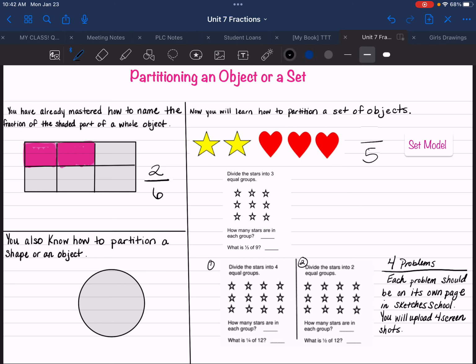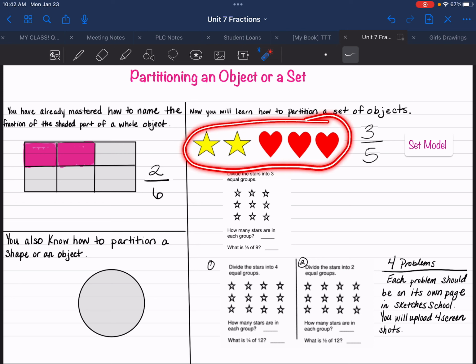And then you would count how many hearts. 1, 2, 3. So that fraction would be 3/5. 3/5 of the shapes are hearts, and 2/5 of the shapes are stars.